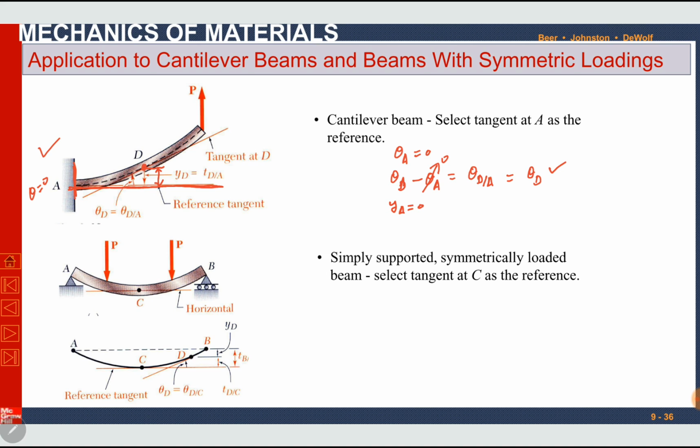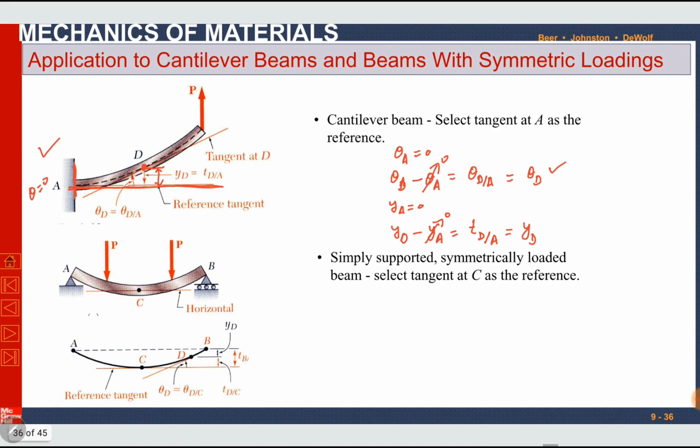So YD minus YA, because YA is our reference now, is TDA, the tangential deviation of D with respect to A. And we know that YA is 0, so the tangential deviation of D with respect to A will actually be the deflection of point D. So one of the deflections is already known, in this case YA. The other one can be found using the second moment area theorem by applying this expression.